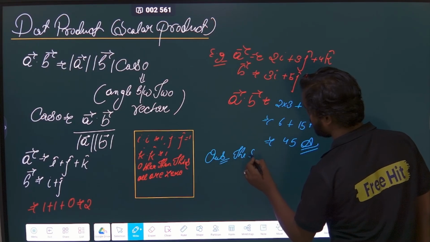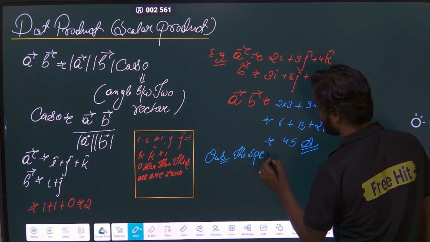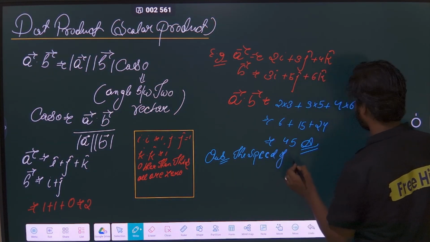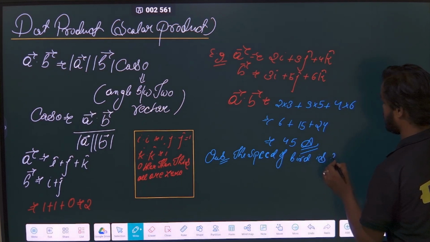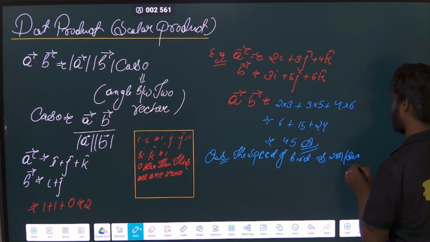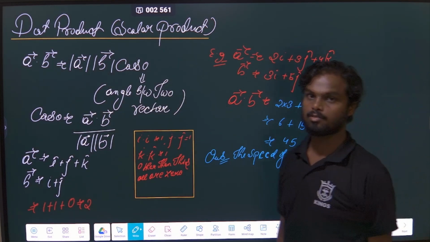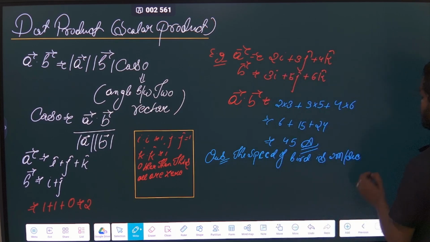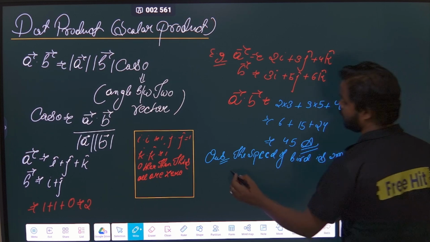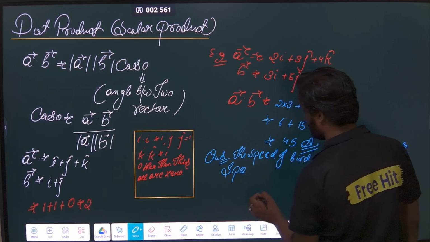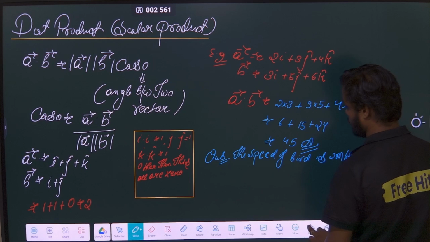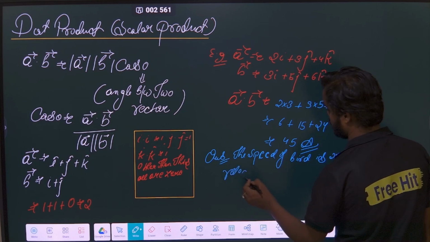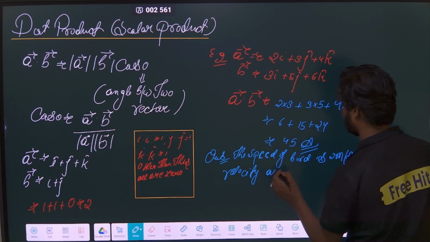The speed of the bird is 2 meter per second. It is given that the speed of the bird is 2 meter per second. Find the velocity, not speed.